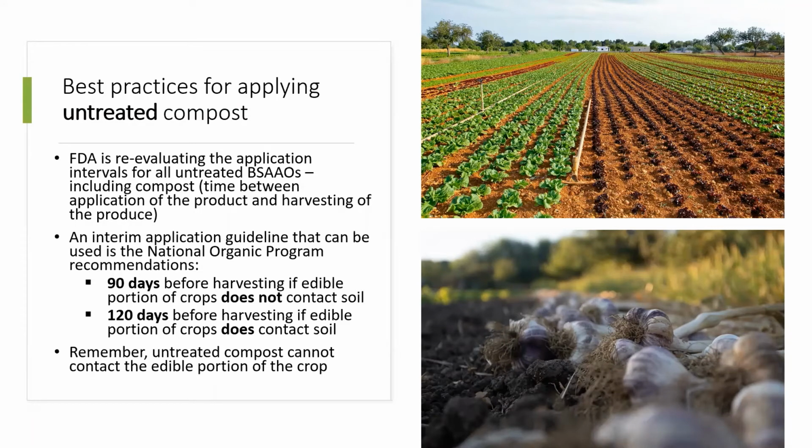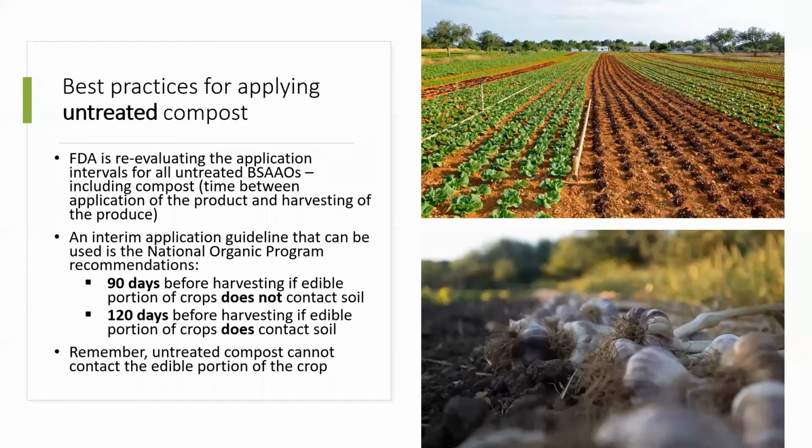So the FDA is reevaluating the application intervals for all untreated biological soil amendments of animal origin. This includes compost. So until that part of the rule is finalized, following the National Organic Program recommendations is advised.